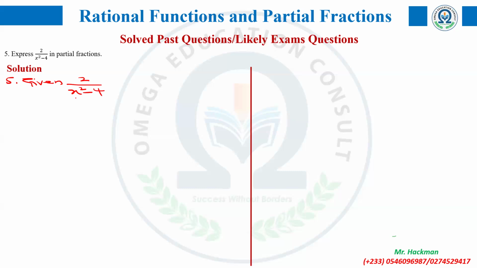After that, you go to the denominator and you check if it's factorable. I've told you, anytime you see a difference, first quantity, second quantity, check whether each of the quantities is a perfect square. So indirectly, you know that x squared minus 2 squared.